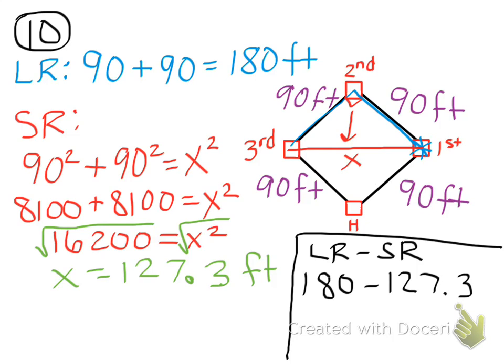And when we do that, we get 52.7. So that's how much shorter it's going to be to take the shorter route. So 52.7 feet.